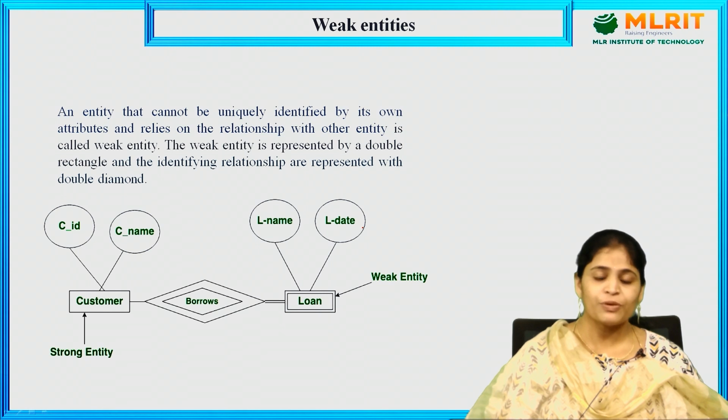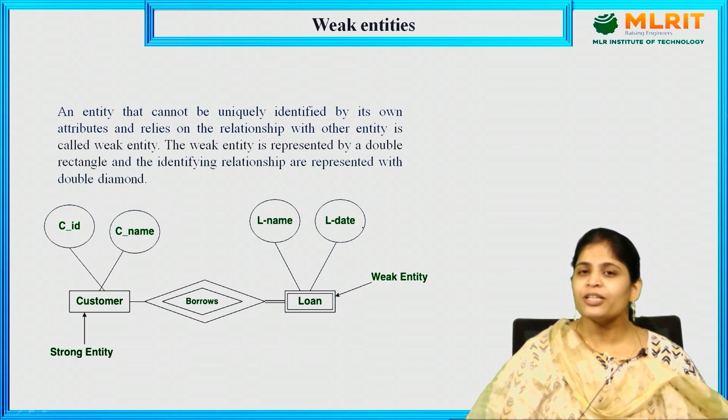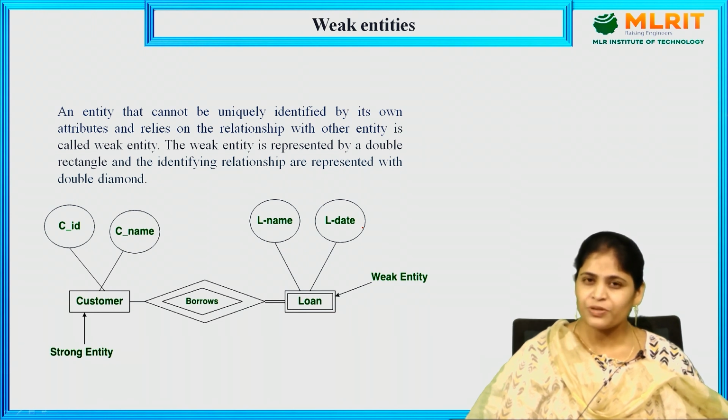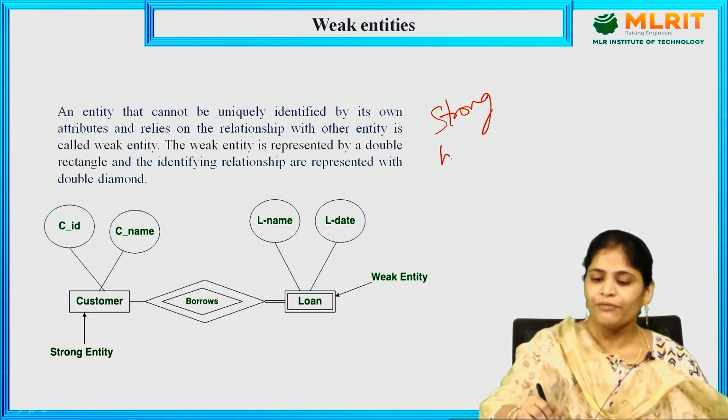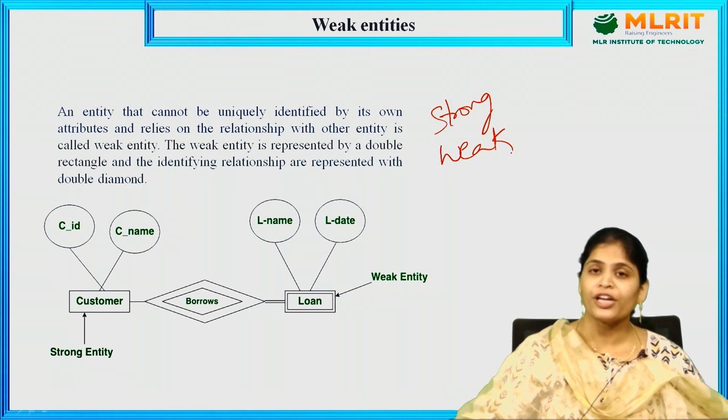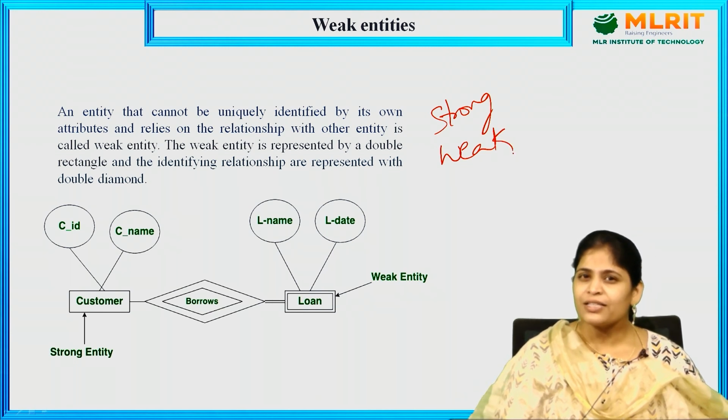Now let us deal with weak entities. We already know what an entity is. It is a real world object that can be a living thing or non-living thing. How many types of entities are there? We have two types: strong entity and weak entity. The entity set that contains a primary key is called a strong entity.